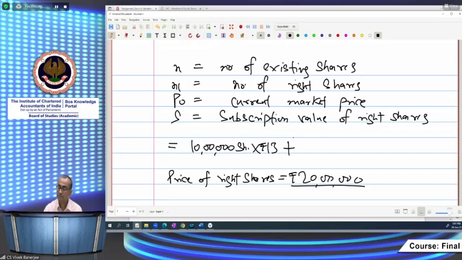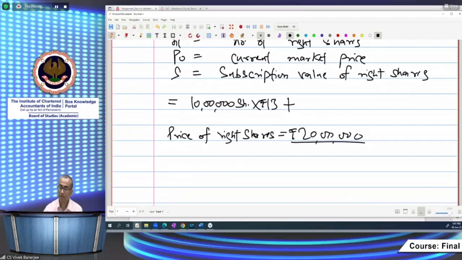Now another aspect. The company is planning to issue one right share for 2 shares. It is given in the question, 2:1.